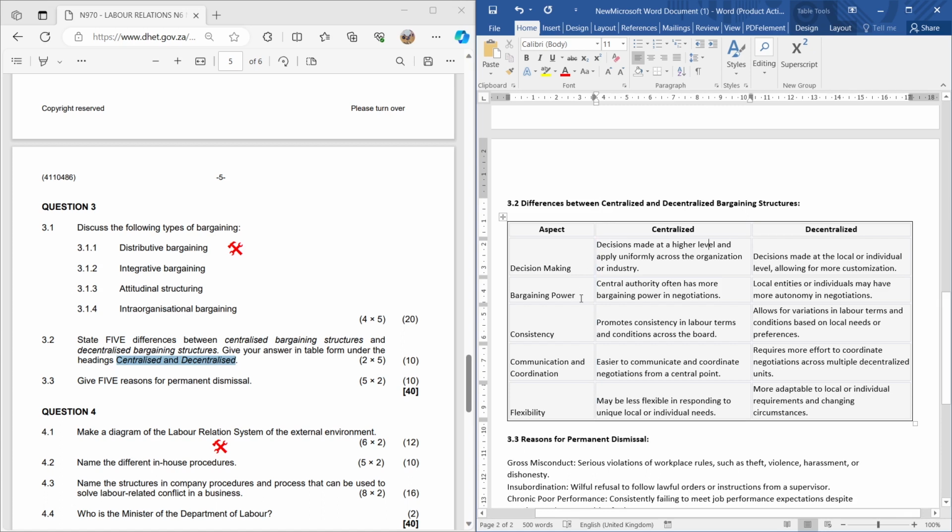And then let's go ahead and look at the second aspect, right? So in terms of bargaining power, with centralized bargaining structures, the central authority often has more bargaining power in negotiations, right? Say for instance, you are the one who comes to me and you want to negotiate something with me.